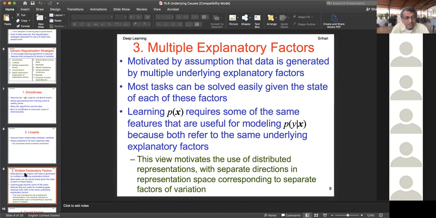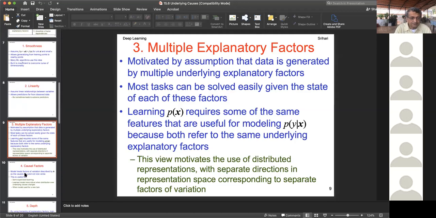We are assuming that it's not just one reason, there are several reasons. And learning P of X requires some of the same features that are useful for modeling P of Y given X. X is the input, Y is the output. So going all the way to the output has some similarity with going to the intermediate representation, so going in different directions in space.